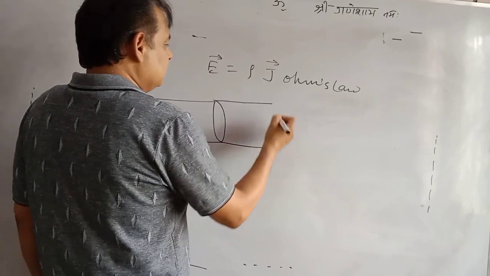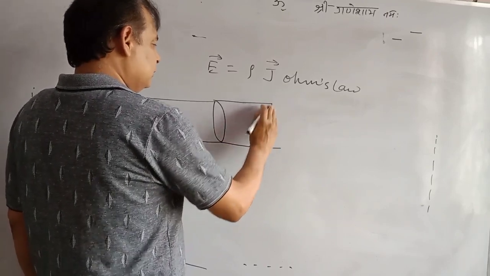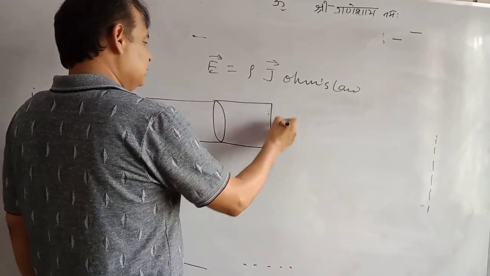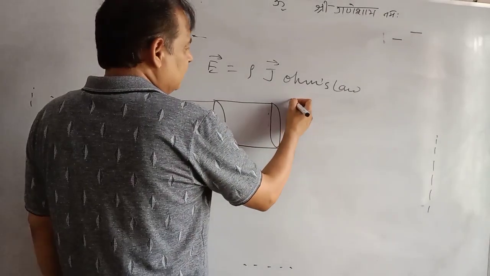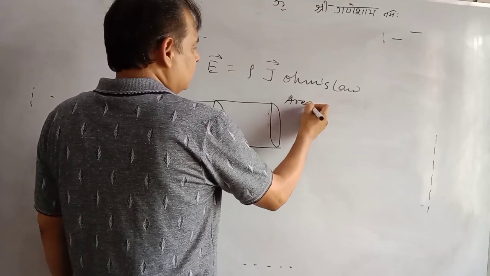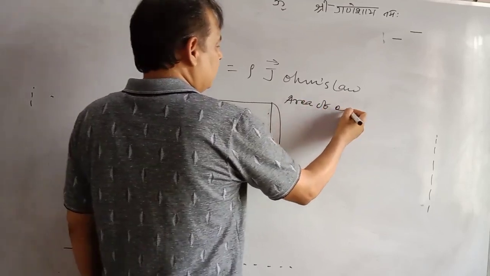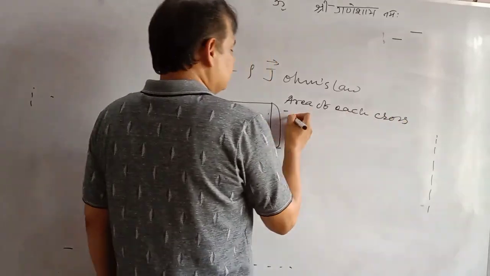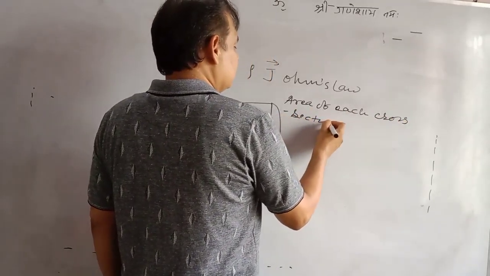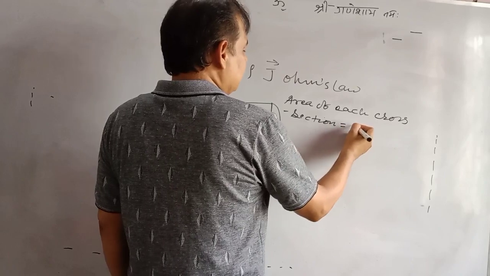They are joined end to end. Suppose the area of each cross section is, we are taking A.